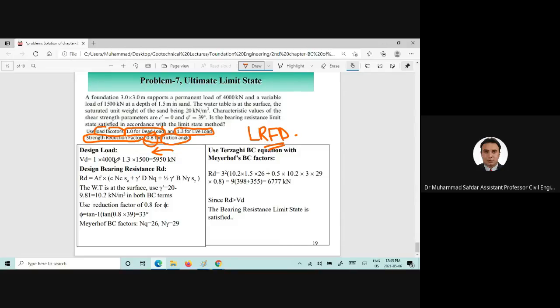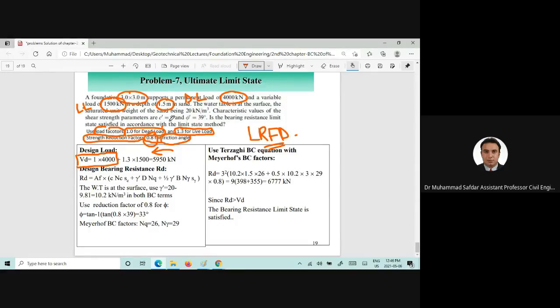Now, how is he going to calculate that? As we already know, the dead load is increased by the factor 1. The foundation is given as 3 by 3 meters. The permanent load, which is the dead load here, is 400 kilonewton. The variable load, which is the live load, is 1500 kilonewton. A depth of 1.5 meters in sand is given.